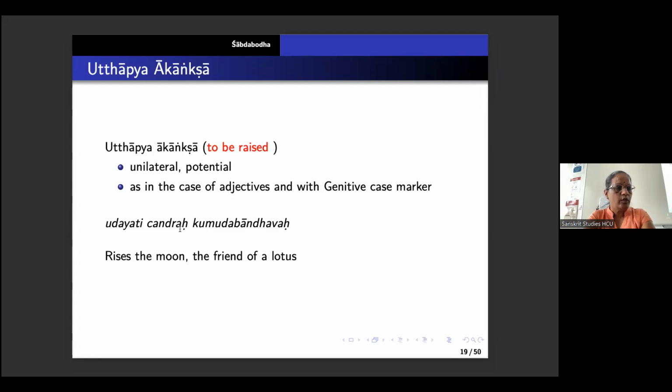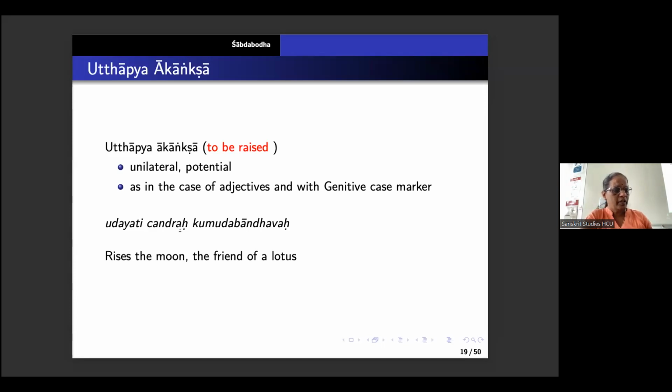So if I say, look at this book of George Orwell, when I use this genitive case marker, the "of something", I can always drop it and the sentence will still be complete.